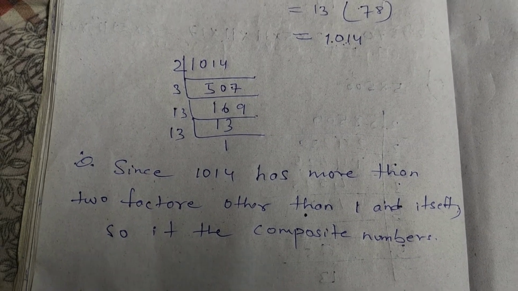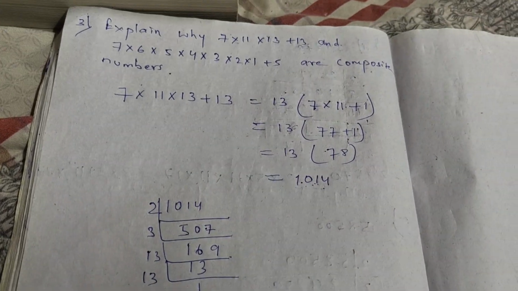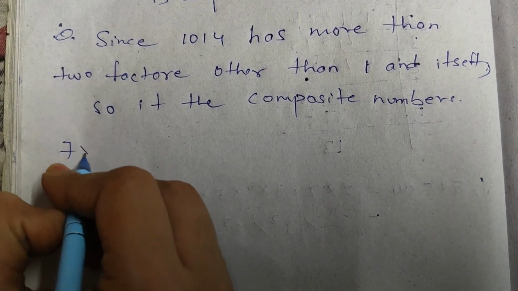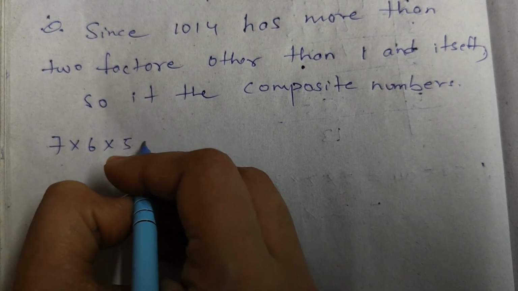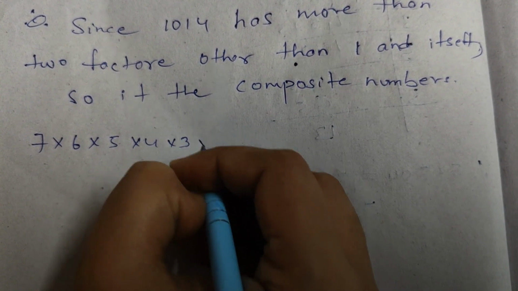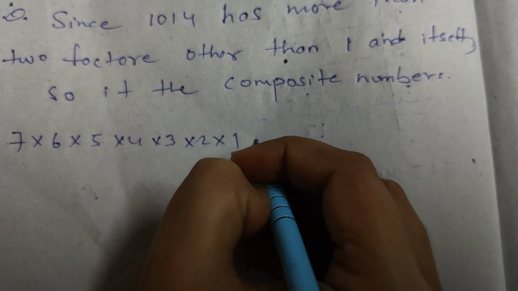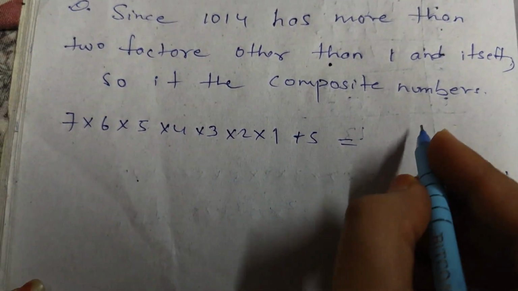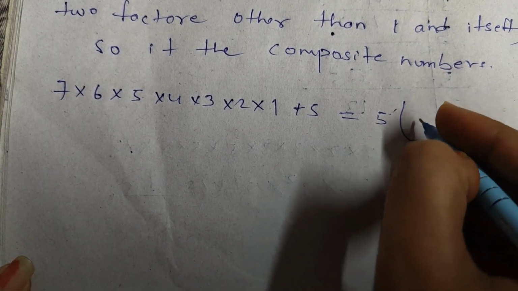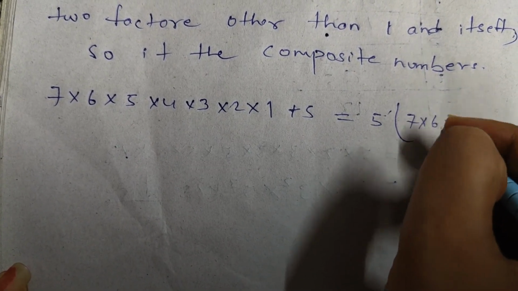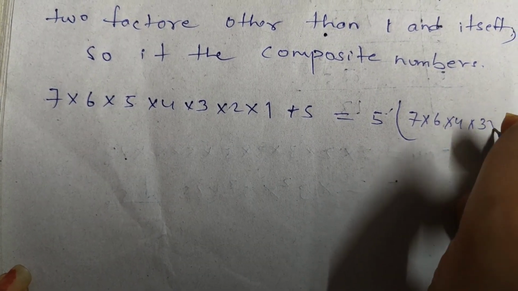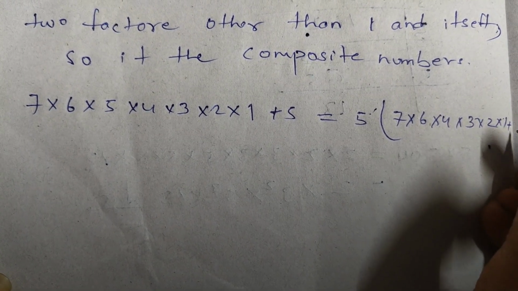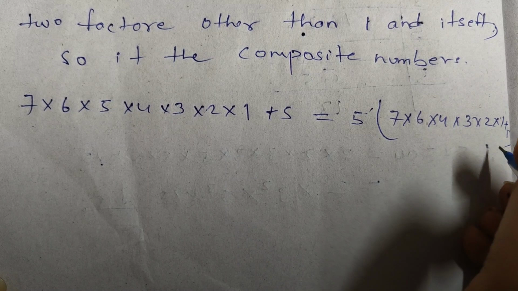Now again we solve the second condition. 7 into 6 into 4 into 3 into 2 into 1 plus 5. Again if we take 5 common, then we get 7 into 6 into 4 into 3 into 2 into 1 plus 1.